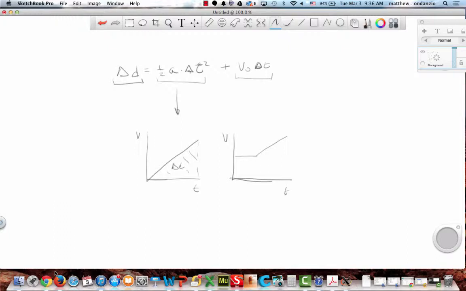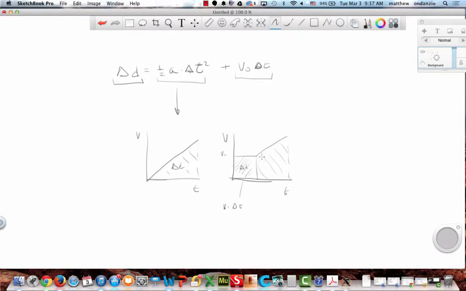I'm traveling at a certain velocity for a little bit of time, and this portion of the graph represents constant velocity. So the area under the curve, this delta distance, is just v times delta t. Once I accelerate, the area under the curve is all of this.